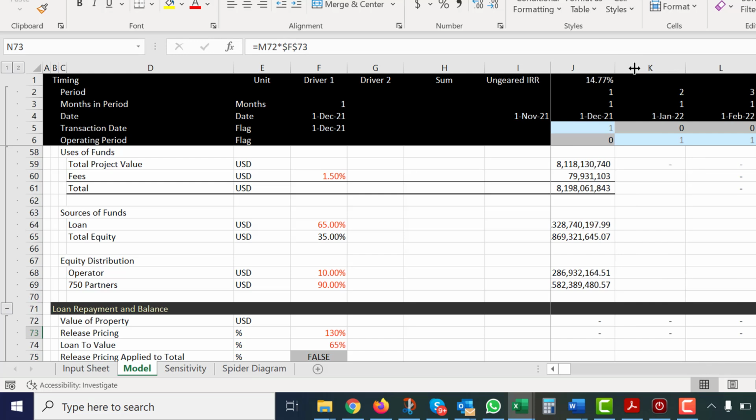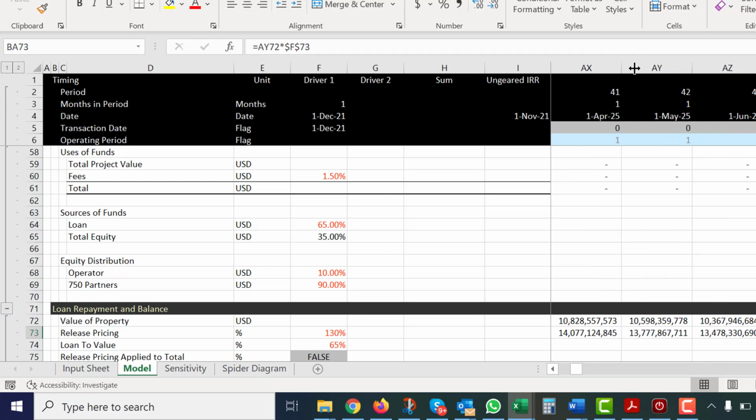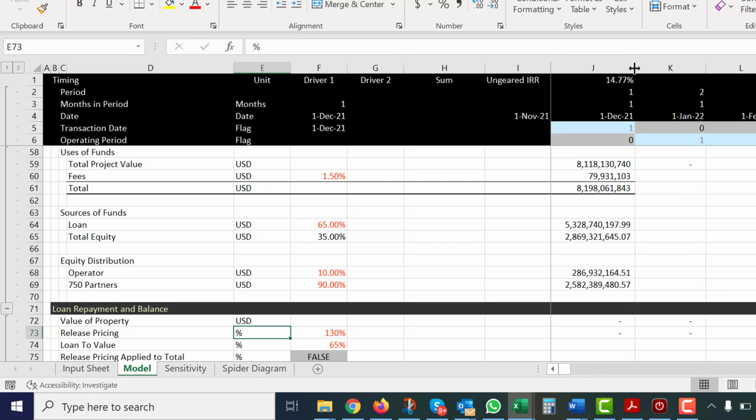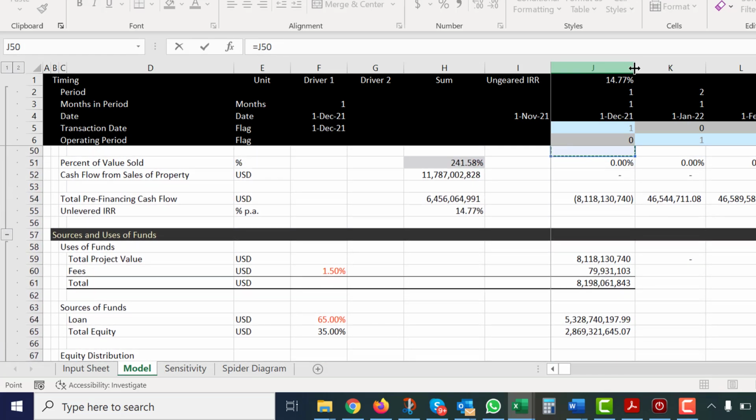So every time we could compute how much the value of our property is relative to this release pricing. And then we should put the value of the property sold. That was kind of silly. Okay, so let's go up and get that number.